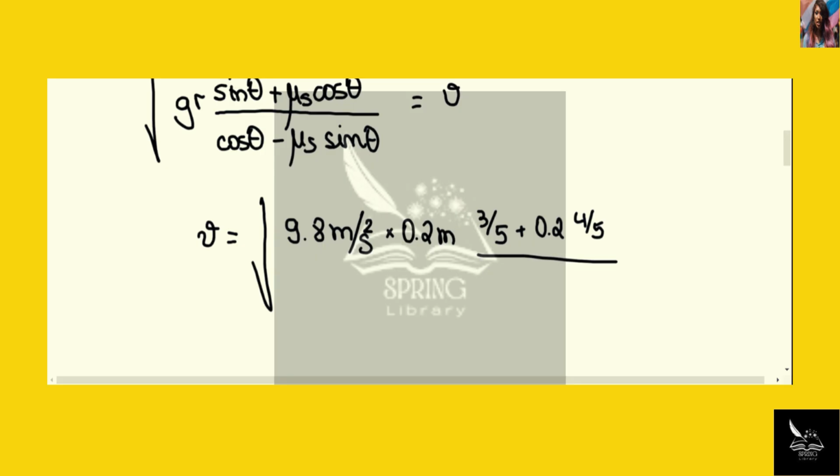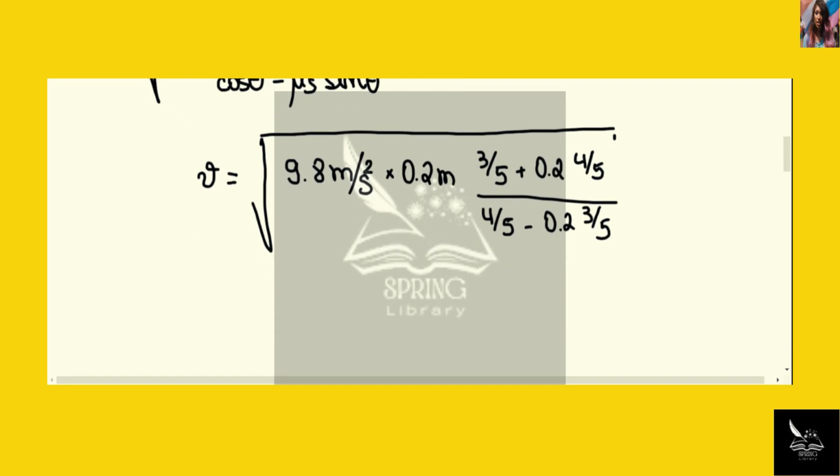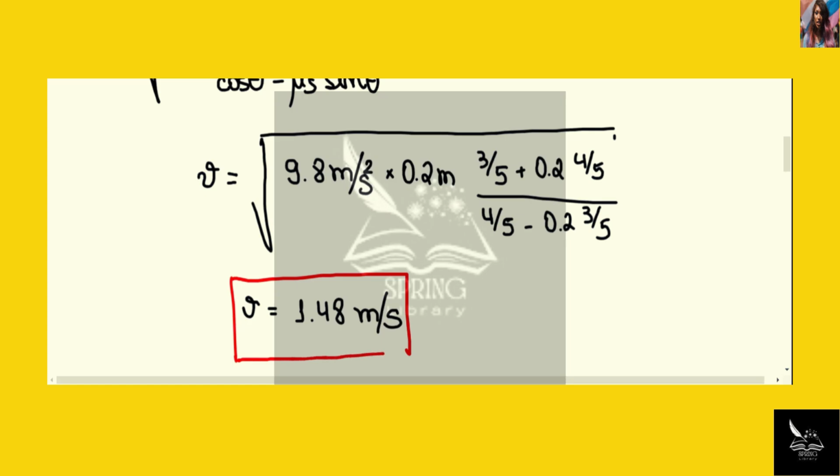Then we have 4/5 minus 0.2 times 3/5. And we obtain that v is equal to 1.48 meters per second, which is the answer to our exercise. This is the maximum value that the spool can have so that it does not slip up the rod.